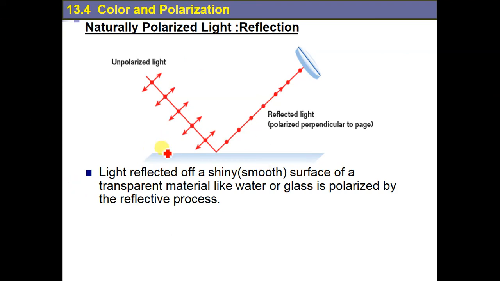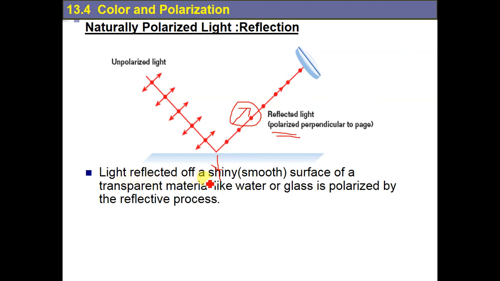Some of the light can pass through, can enter the water or the glass, and some is reflected. The reflected light is partially polarized, and its polarization occurs parallel to the surface it reflected off.